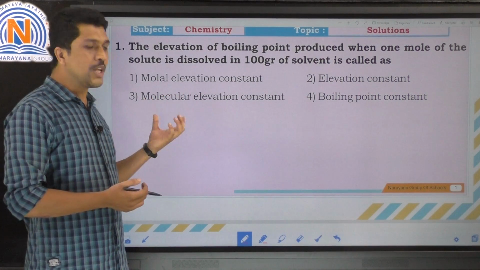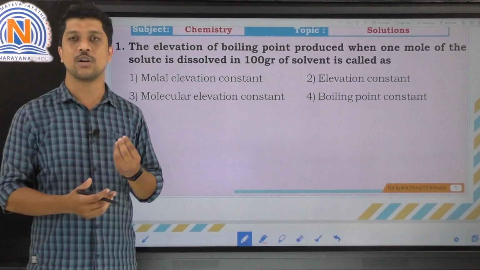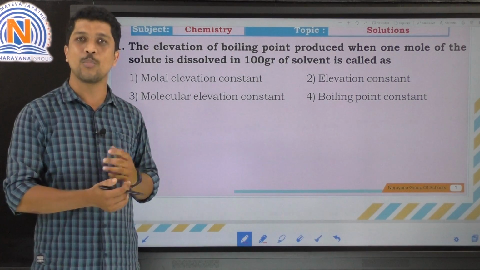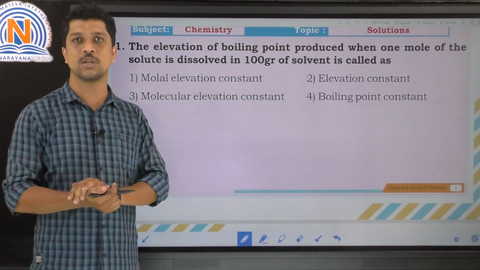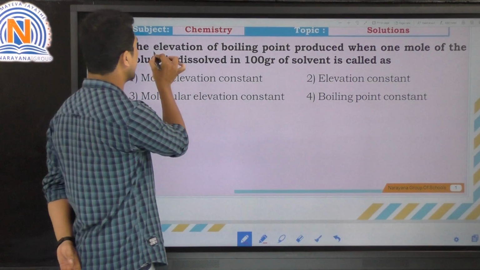So the boiling point of a solution is greater than the boiling point of the pure solvent. The boiling point of the solution minus the boiling point of the pure solvent is called the elevation of boiling point.